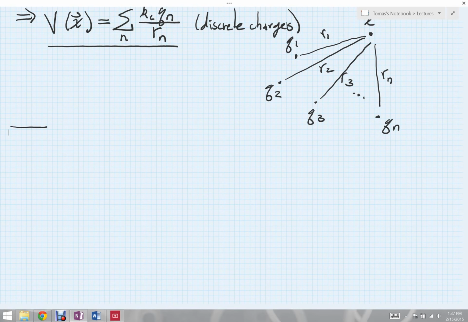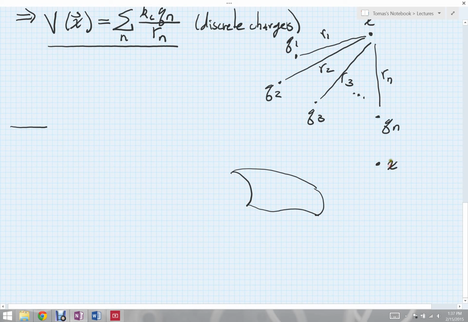Maybe my situation might involve some kind of curved sheet here. I'll try to sketch some kind of two-dimensional surface. Who knows exactly what it looks like. And maybe I want to know the potential at some location out here, x. And we all know what the basic strategy is going to be. I'm going to turn this summation up here into some kind of an integral.